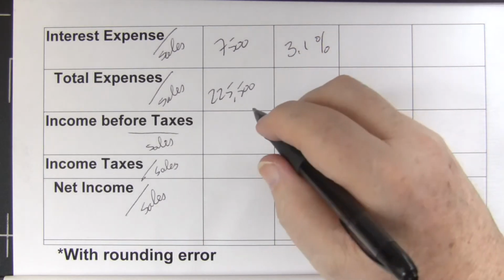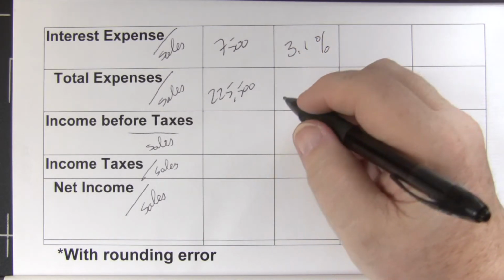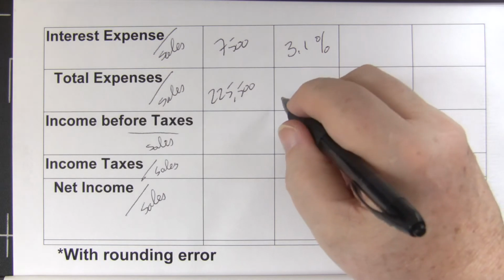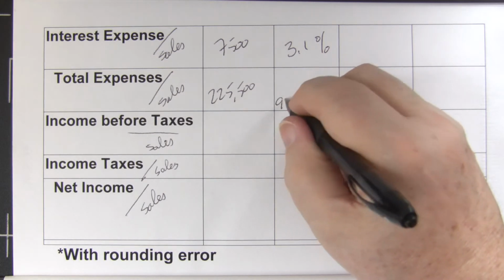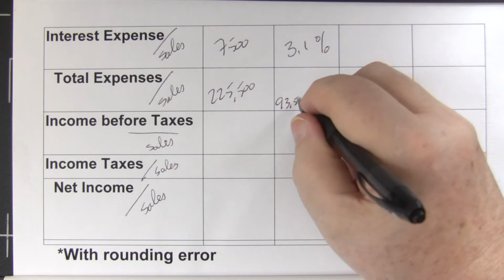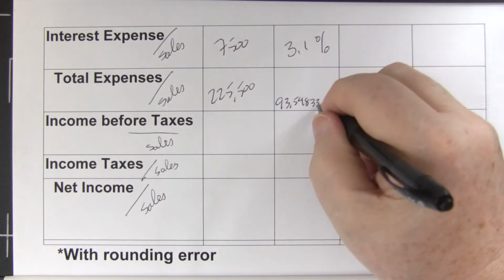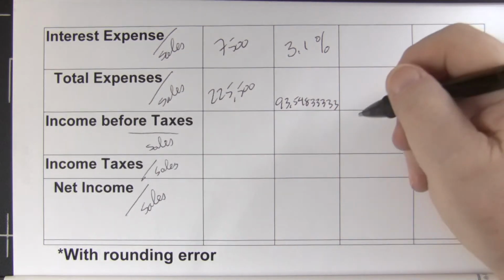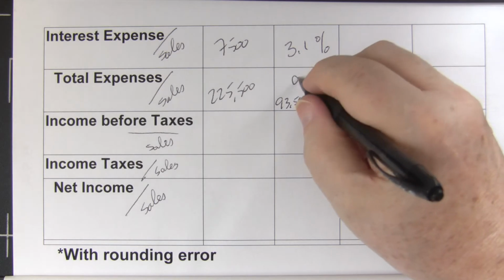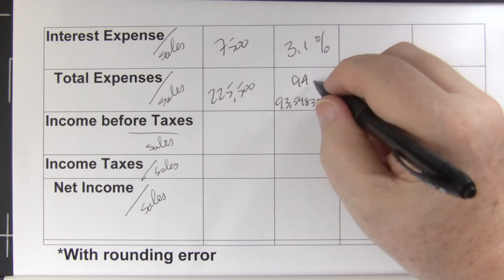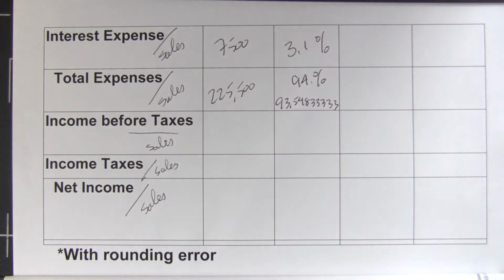Now, I know that there are some of you who like to be precise. So that's 93.5483333. I'm going to be lackadaisical and round it off to 94%.